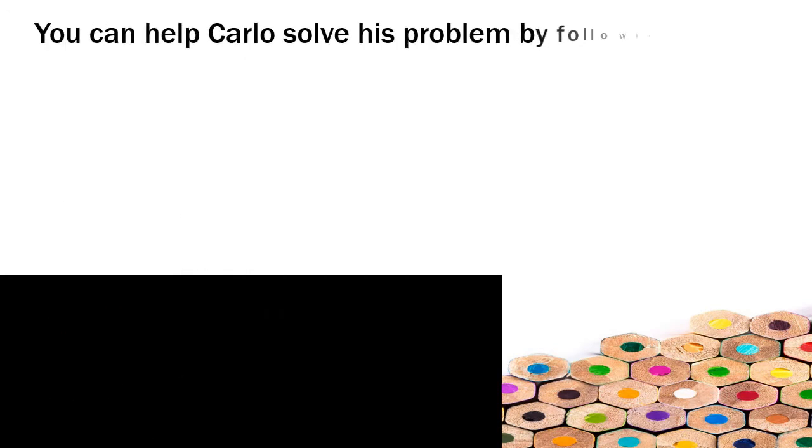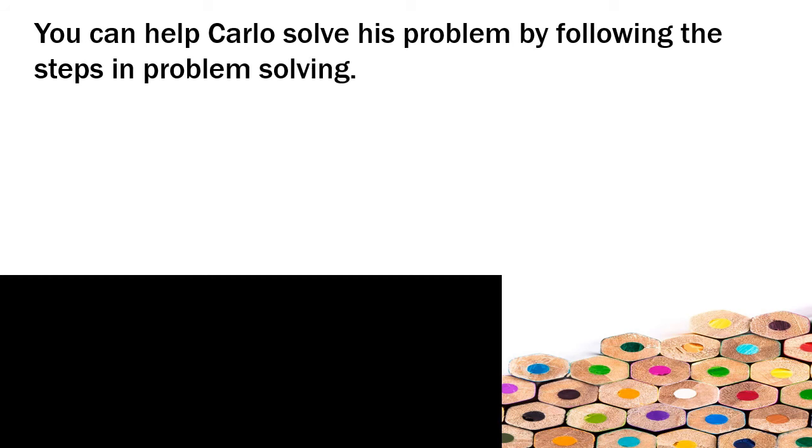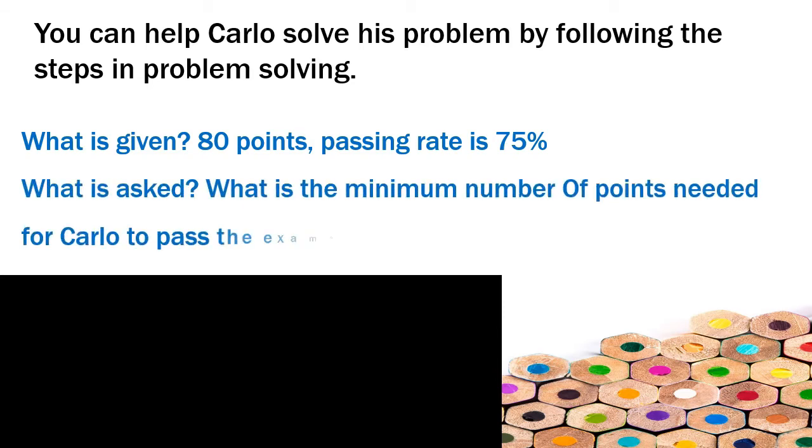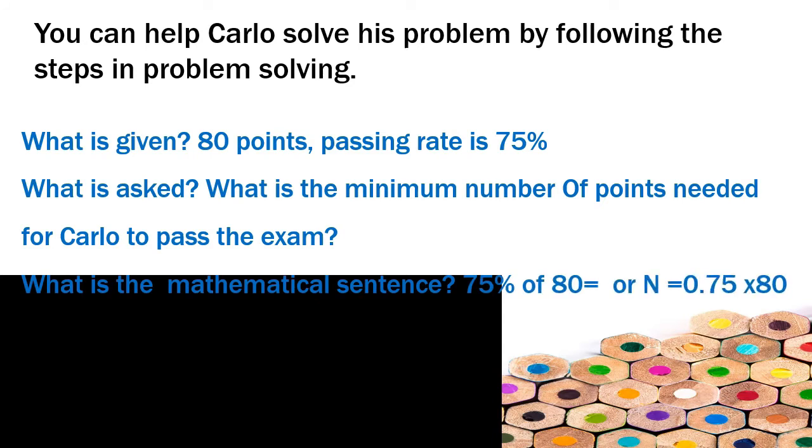You can help Carlo solve this problem by following the steps in problem solving. What are these steps? We have what is given. So we have 80 points, passing rate is 75%. 80 points here is the base and the 75% is the rate. What is asked? What is the minimum number of points needed for Carlo to pass the exam? Or we are looking for the percentage. What is the mathematical sentence?